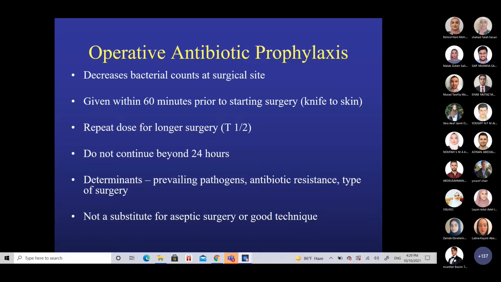Definitely, the pathogens that cause surgical site infection in dental procedures are totally different from pathogens causing surgical site infection in colon surgery. So it depends on the type of surgery, the possible pathogen, and antibiotic resistance.